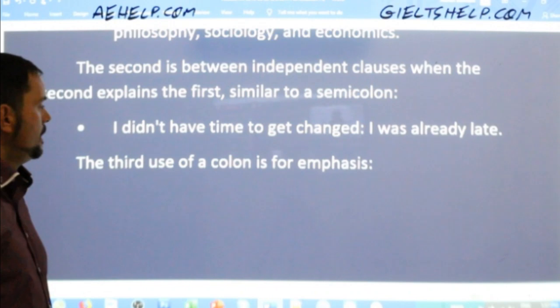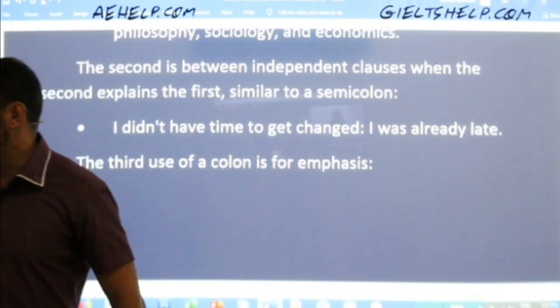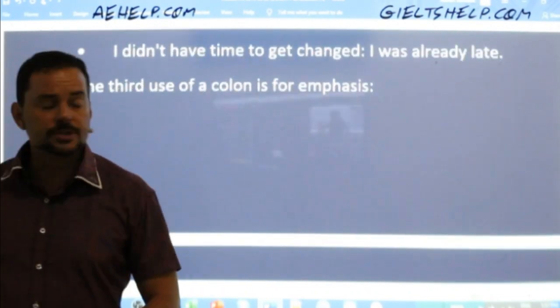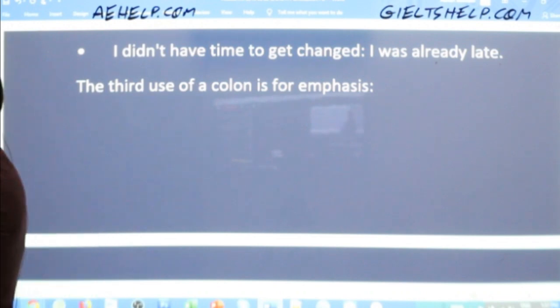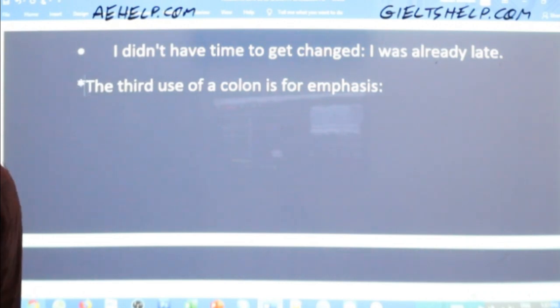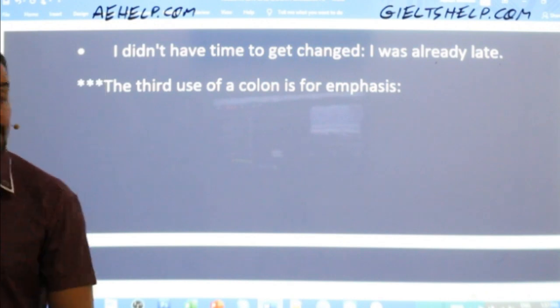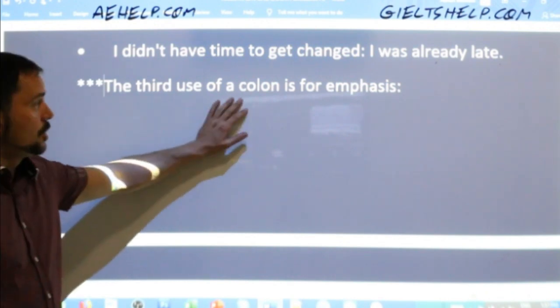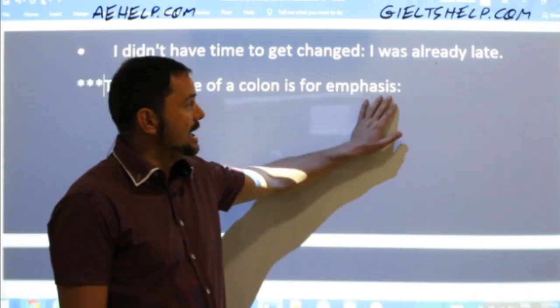All right, okay, so this is the most important here. All right, the third reason, and I'm going to put a couple of asterisks here. So the third use of a colon is for emphasis.